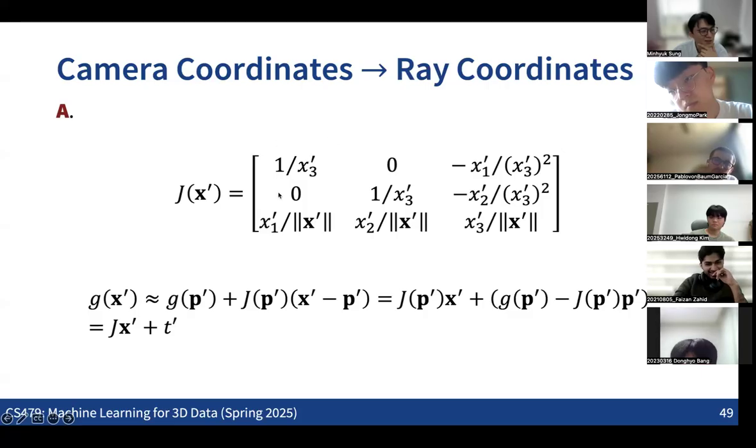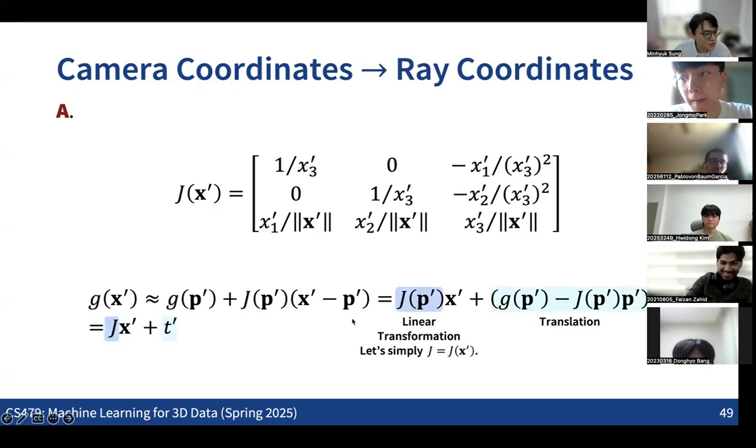So you can see that the Jacobian can be easily calculated from our definition of the projection function in this way, right? So with this kind of Taylor expansion, by calculating the Jacobian matrix, we can approximate the projection function as a linear function.